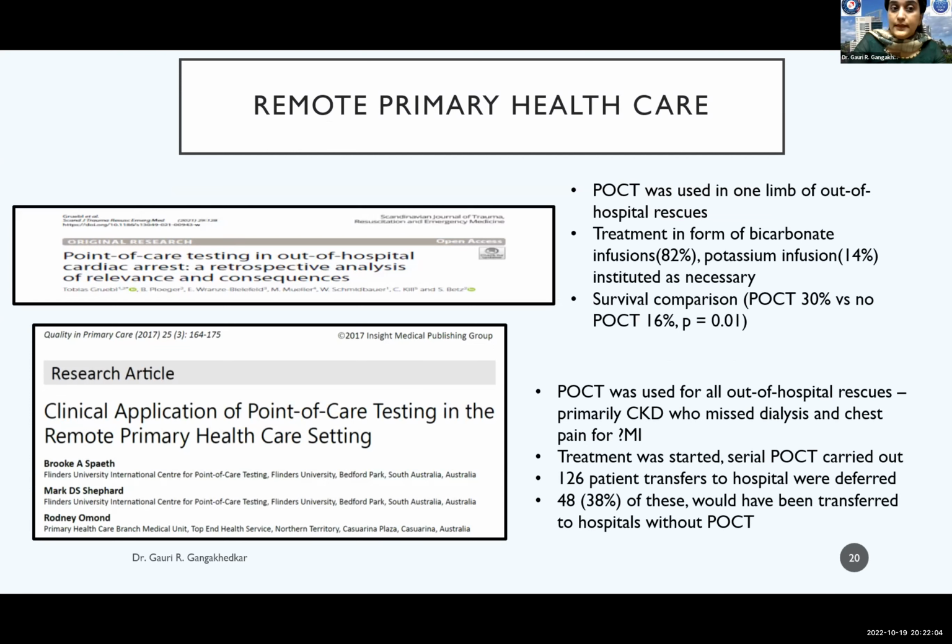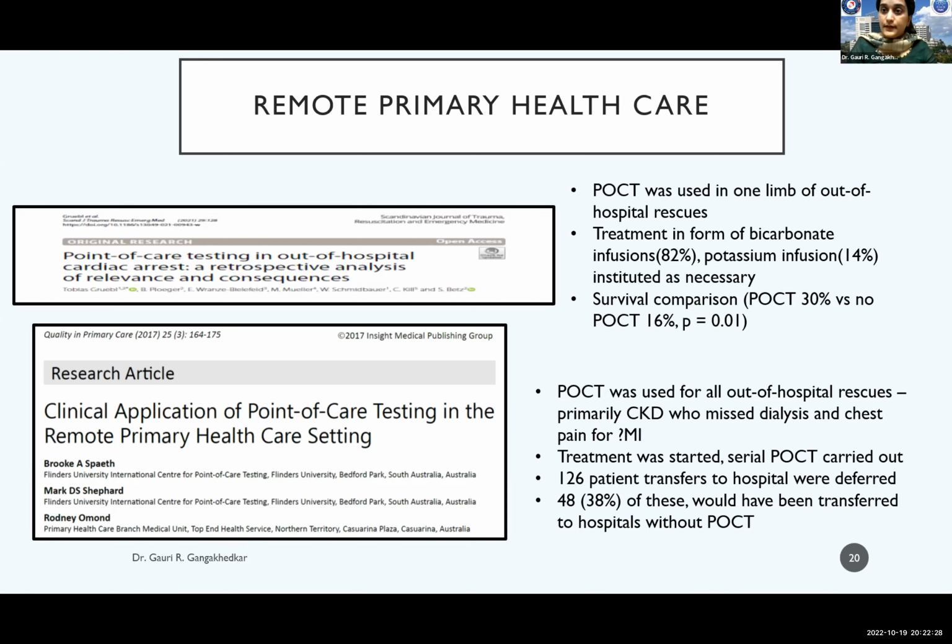Here, what was done was when patients had cardiac arrests, point of care testing was done for about half the patients; for the other patients, nothing was done. In 82% of the patients, potassium supplements, bicarb supplements, etc. had to be started. And the survival for the patients increased far greatly if point of care testing was instituted.